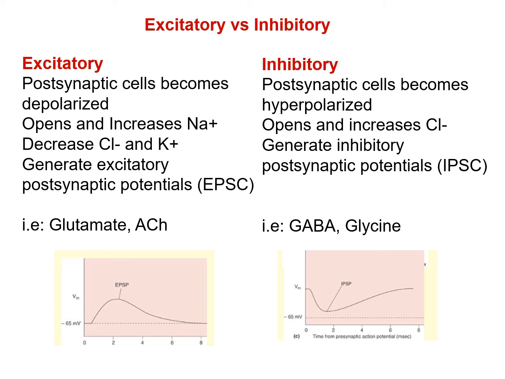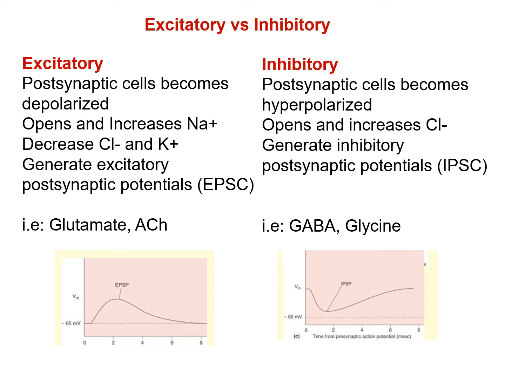Excitatory neurotransmitters like glutamate or acetylcholine result in the intracellular accumulation of sodium ions and a decrease in chloride and potassium ions, depolarizing the cell and generating an excitatory postsynaptic current.